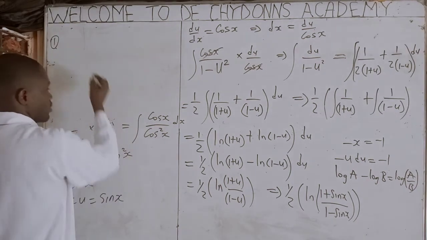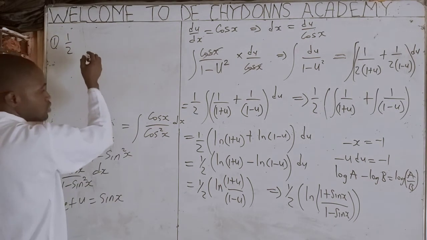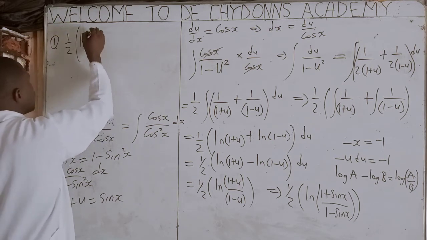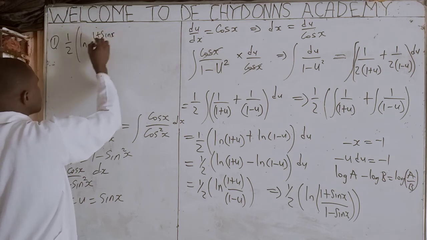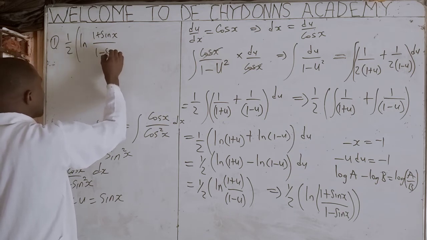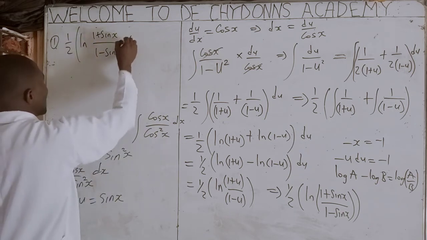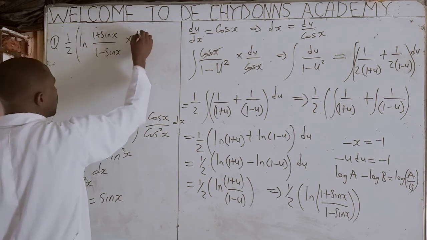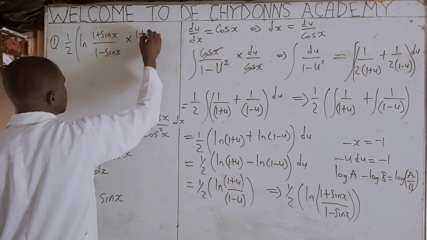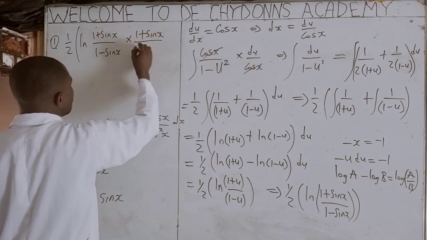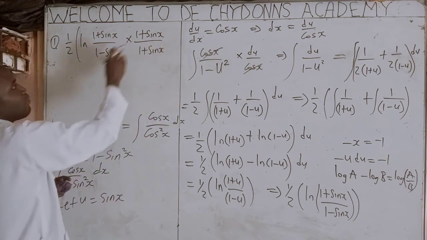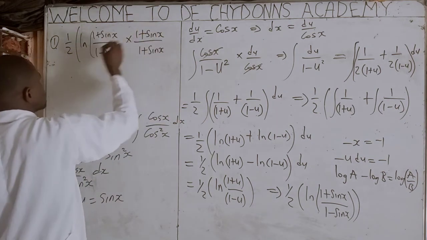That will be giving me 1 over 2 bracket ln 1 plus sine x all over 1 minus sine x, okay, times the conjugate of this, which is 1 plus sine x all over 1 plus sine x. So use the conjugate and multiply up and down.